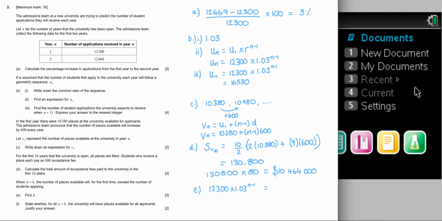And we're trying to essentially work out when is that equal to the number of places available, which we've written down is the arithmetic sequence 10,380 plus n minus 1 lots of 600.